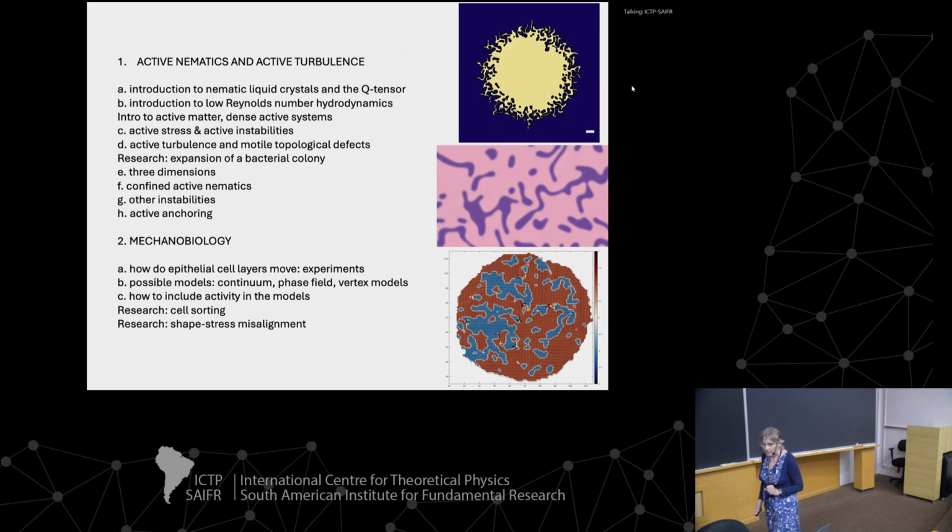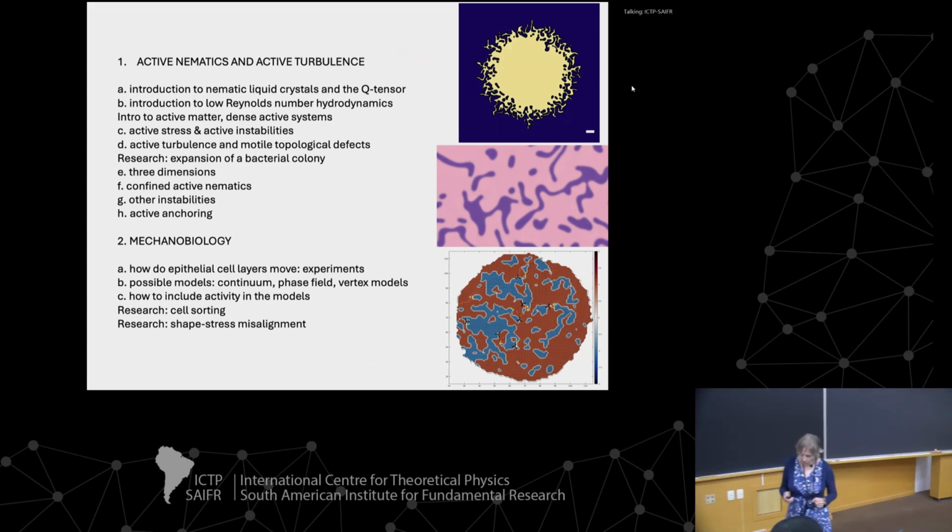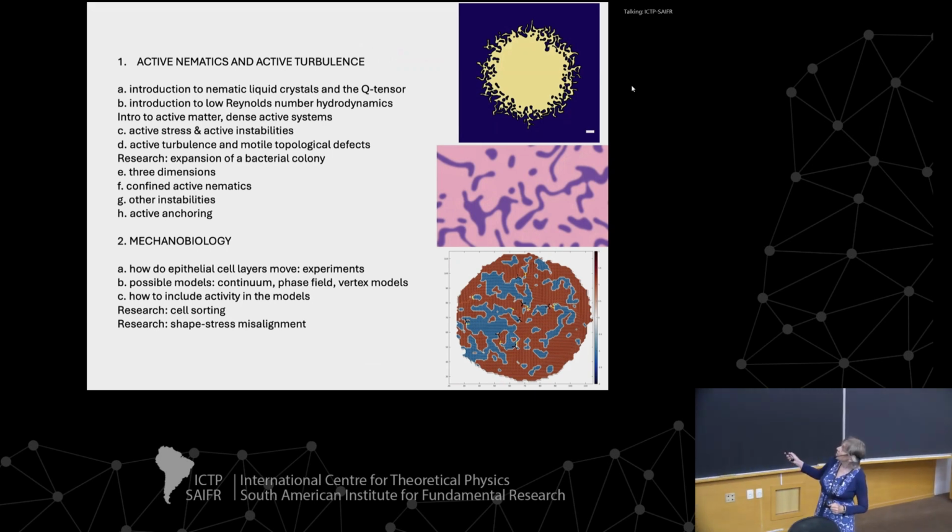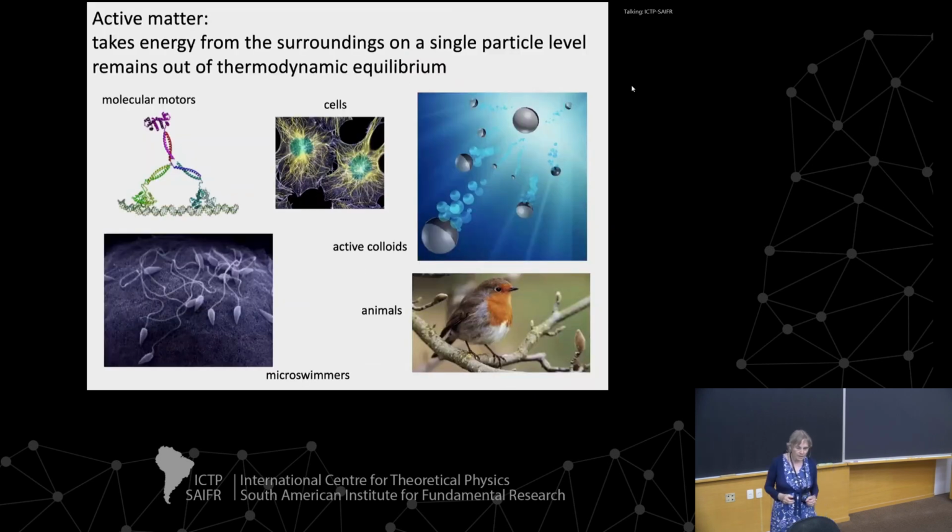Okay. So now we're going to look at dense active systems. And I realized that actually I should have another slide in here, which is just talking about the experiments and the sort of systems that I'm going to be describing. So we learned yesterday, from all the lectures really, what active matter does.